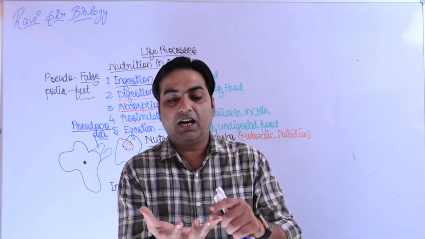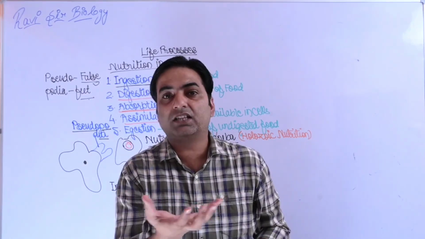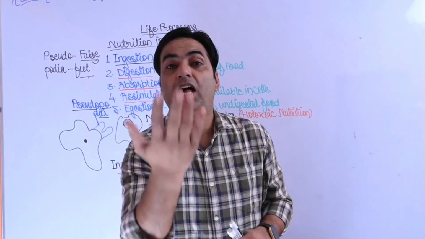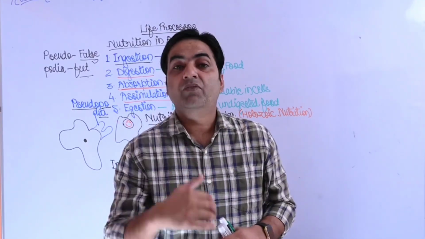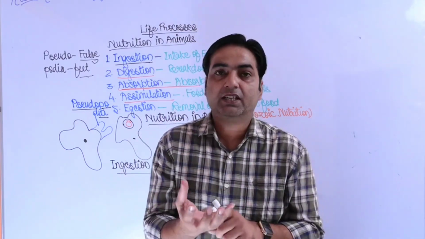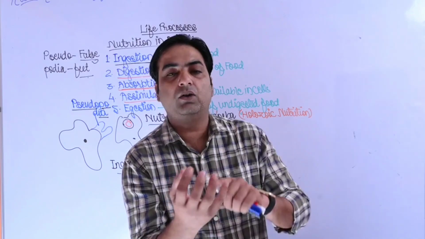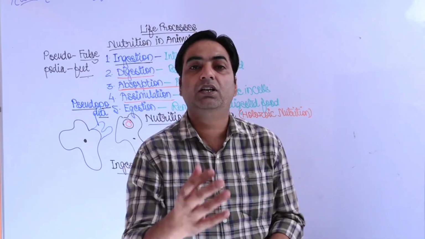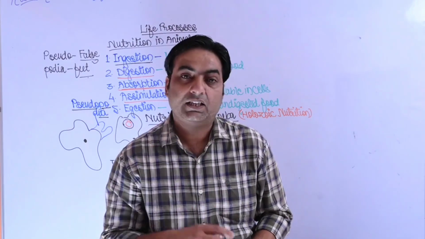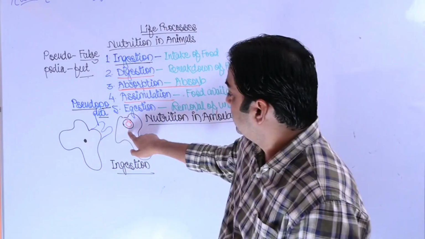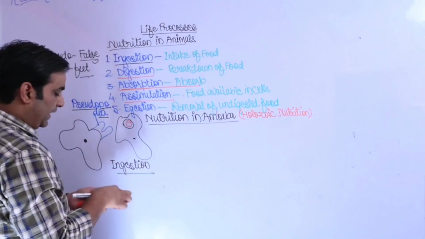The way we are shaking the thali, the food material present in the bowl will come out. Most of the food material which is present in the bowl will move out of the bowl, and it will be spread into the thali. I have considered this as the food vacuole which is made. This vacuole is called the food vacuole.